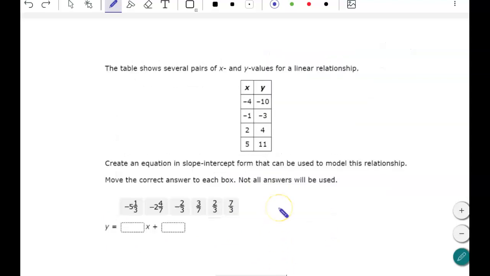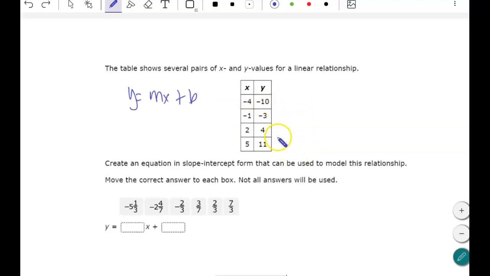All right, the next one, you've got a table of x and y values. It's a linear relationship. Create an equation in slope-intercept form that can be used to model the relationship. Remember, slope-intercept form is y equals mx plus b. We need to find the slope and the y-intercept. We start with the slope.